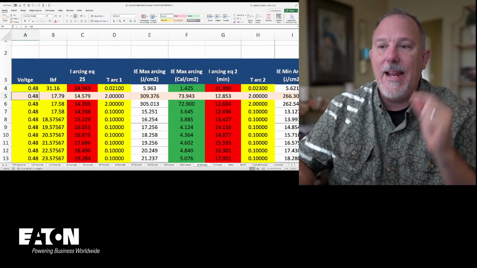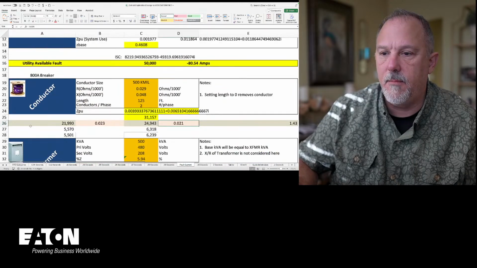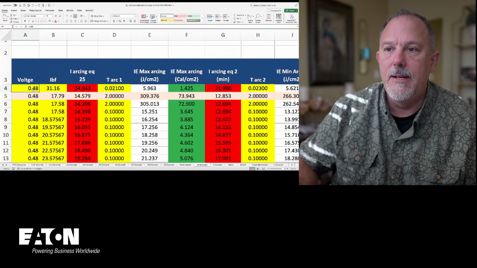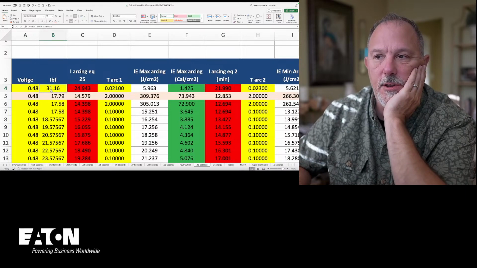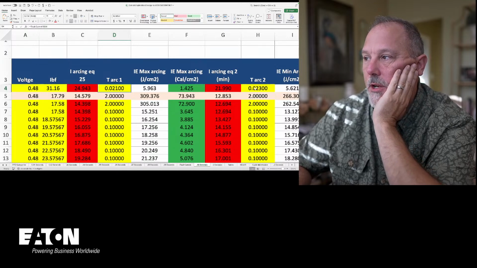I'm at 480 volts. Where am I at in the power system? I'm on the line side. I'm at 0.48. Well, that's a big difference. My bolted fault current is 31.16. My clearing times were 0.021 and 0.023.